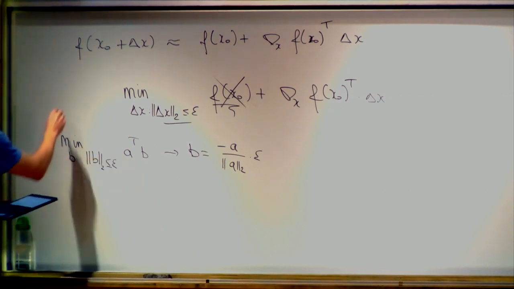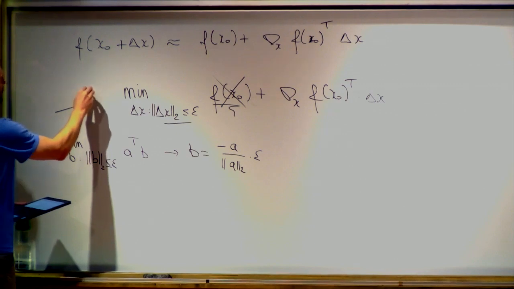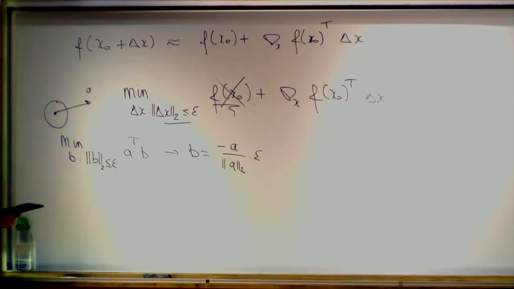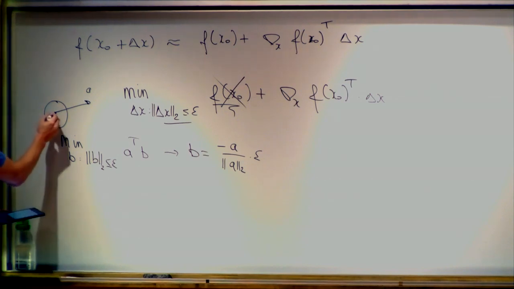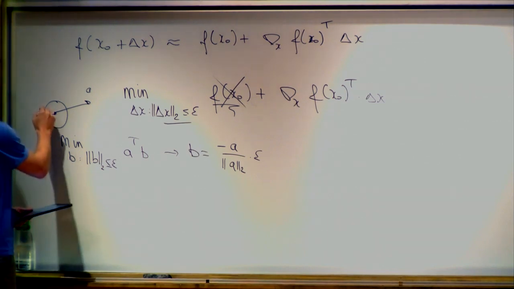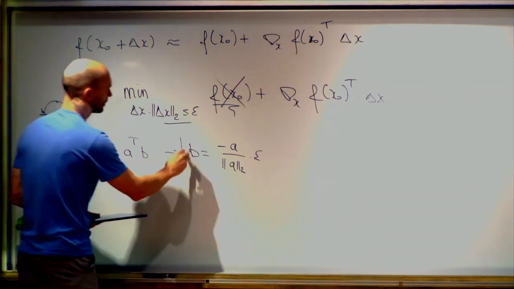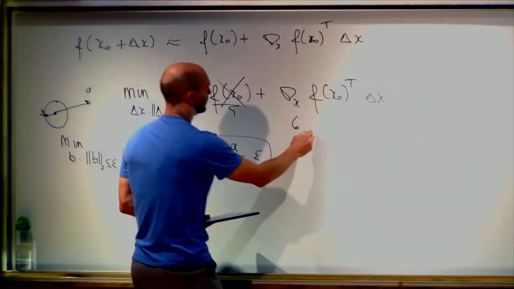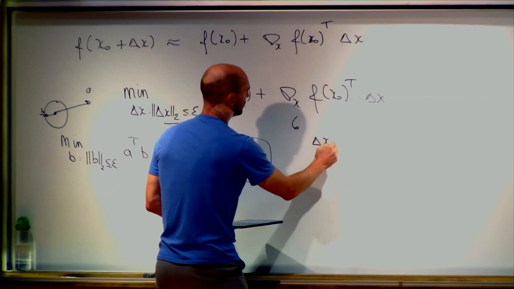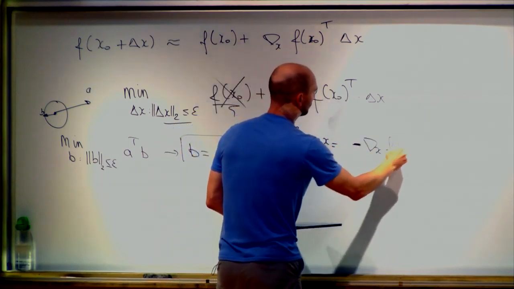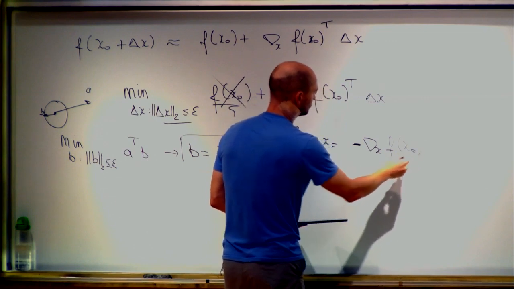And so I have an a pointing here. I get to choose b anywhere on this small circle. I want to pick b in the opposite direction of a all the way till the end of the circle that I'm allowed to move in. So b is going to be here, and this is the equation for that b. Same thing here. Our delta x is going to be negative gradient of f at x0.